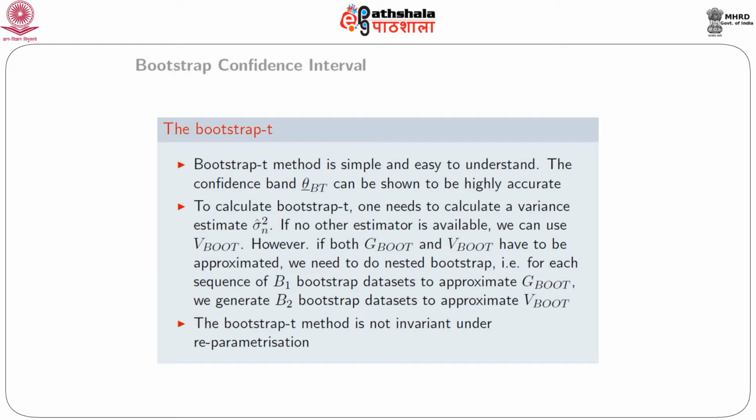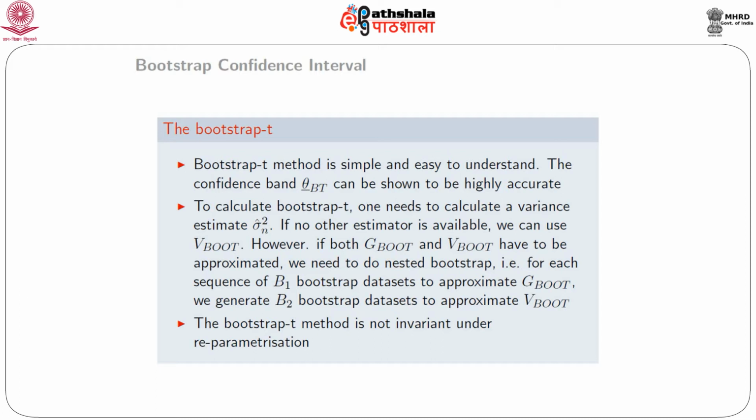If no other estimator is available, then we can always use the bootstrap variance estimator V boot. However, if G boot and V boot have to be approximated, we need to do a nested bootstrap.